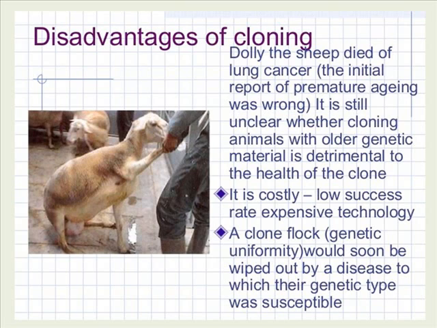And a lot of times if you have different genetic codes, some people will carry a trait that allows them to be more resistant to a disease than someone else. But in a cloned flock, everybody in that flock would have the same DNA, so a disease introduced to that group would wipe out the entire group.